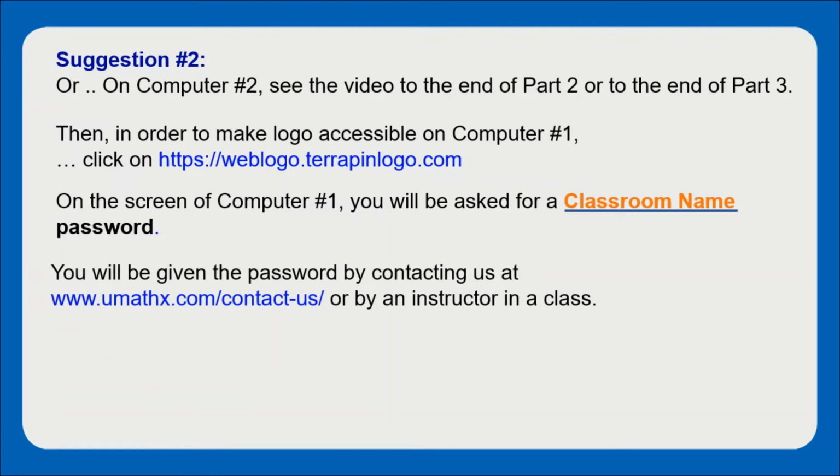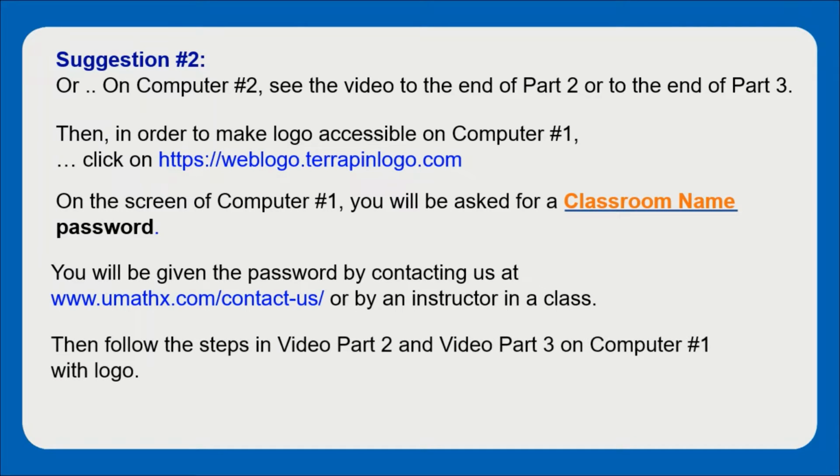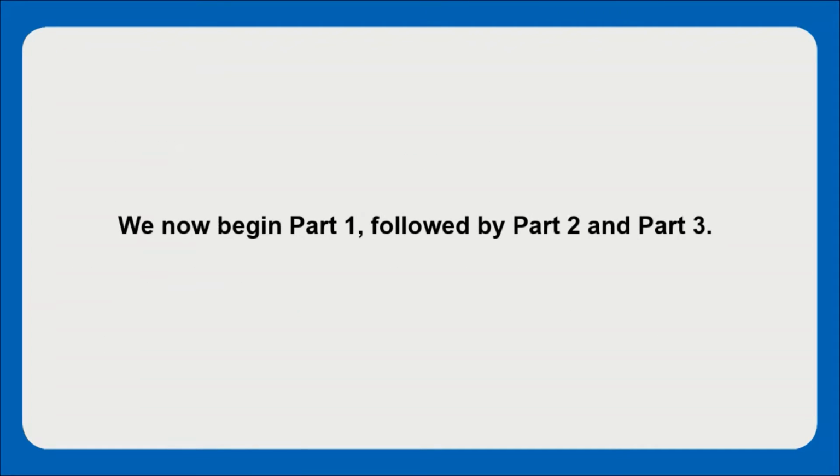You will be given the password by contacting us at www.umathx.com/contact-us, or by an instructor in a class. Then follow the steps in Video Part 2 and Video Part 3 on computer number 1 with Logo. We now begin Part 1, followed by Part 2, and Part 3.